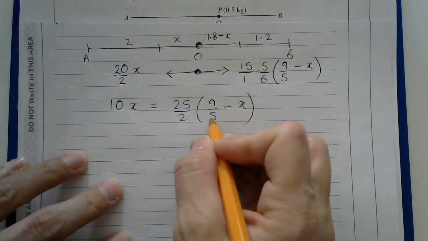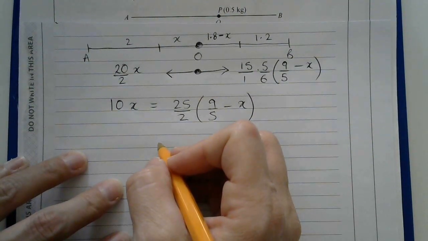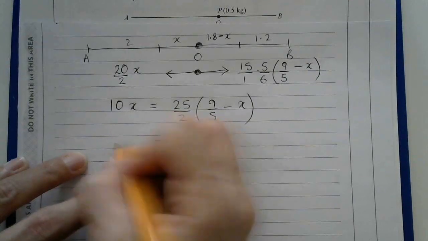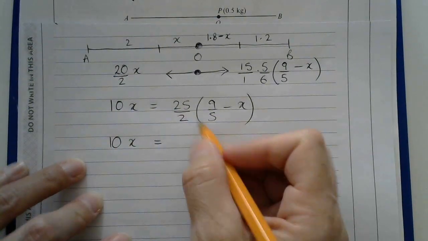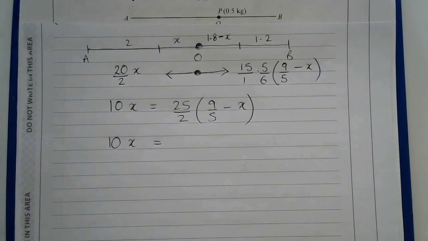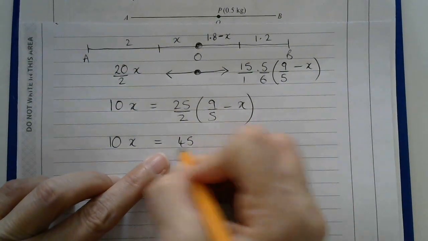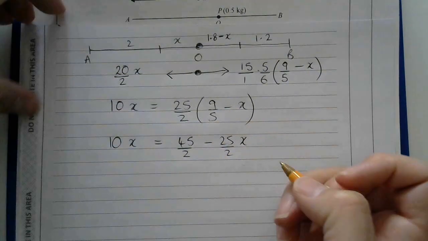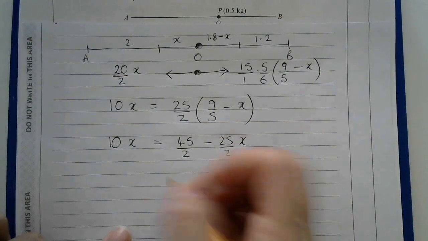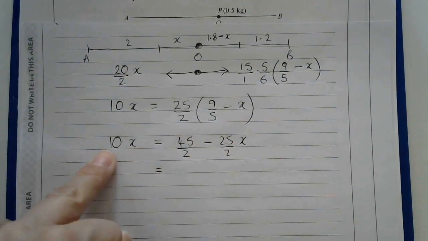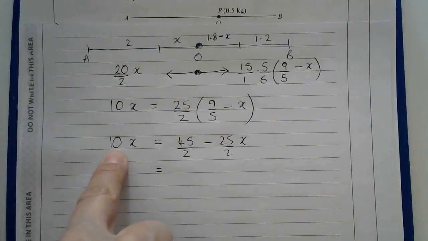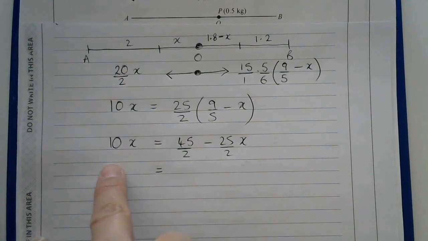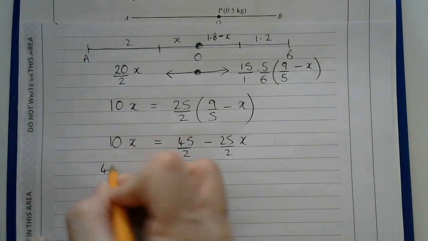Okay, so to make a little bit of progress, I'll multiply this out. So here I end up with 10x. Here I've got 25 over 2 multiplied by 9 over 5, and that gives me 45 over 2 minus 25 over 2 x. So I'll add 25 over 2 x to both sides. 20 halves plus 25 halves makes 45 halves.